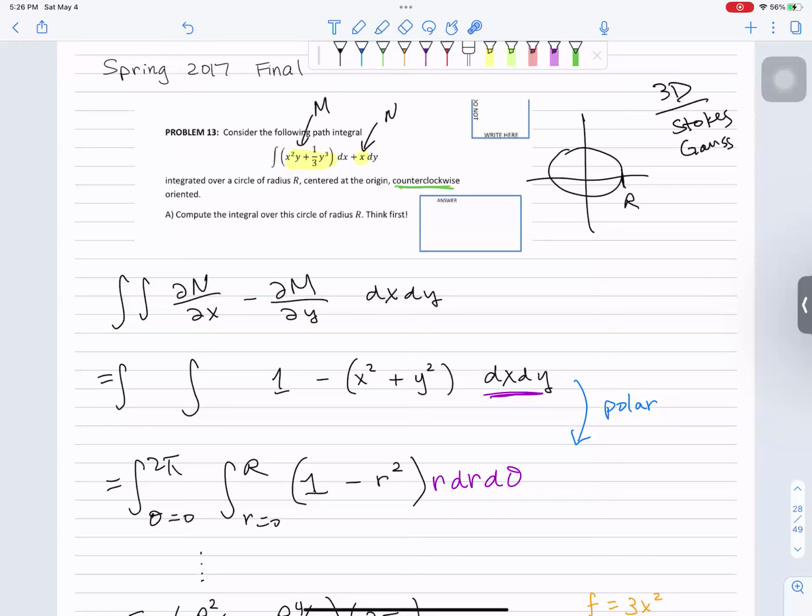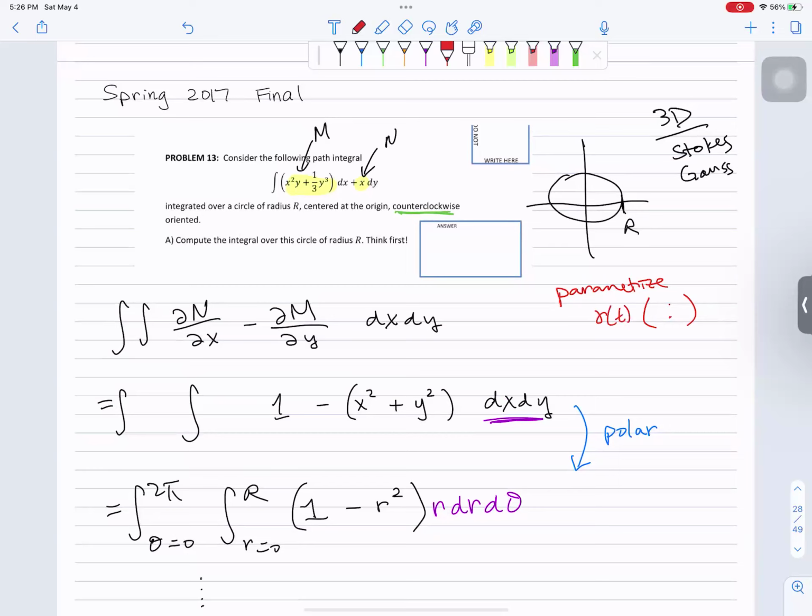Okay. And I want to use Green's theorem because the other way I would have to do this is I would have to parameterize my circle, like x, y equals something, right? And then take the derivative of that. So I would say my circle is this thing. I would have to take the derivative of it.